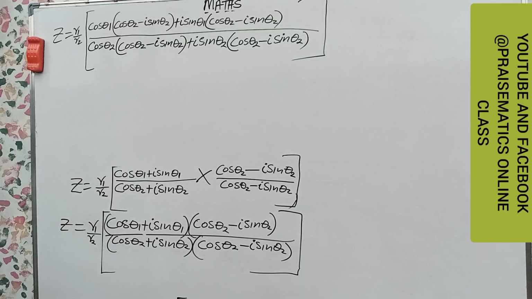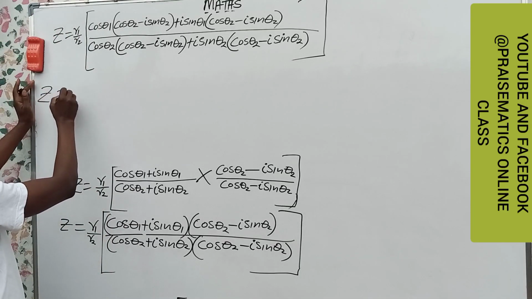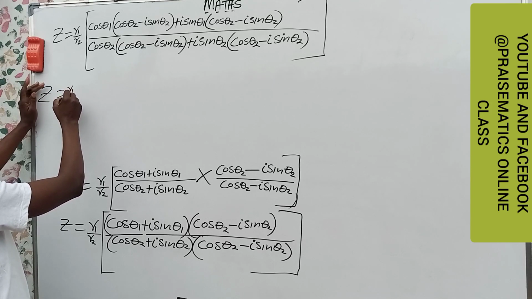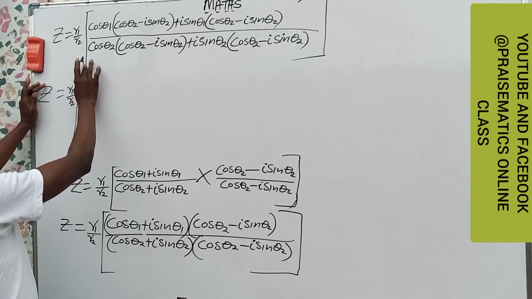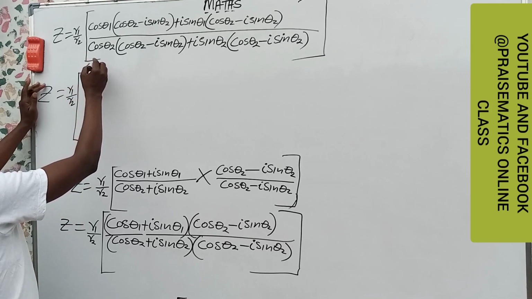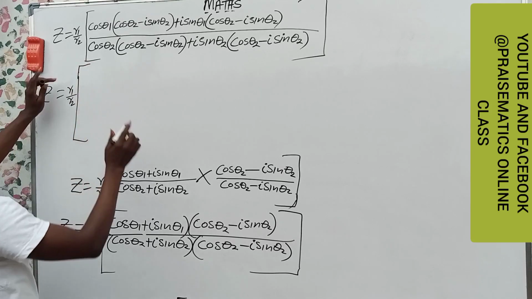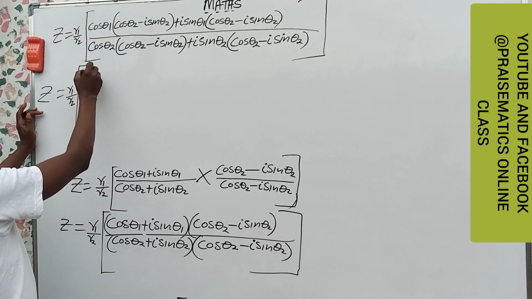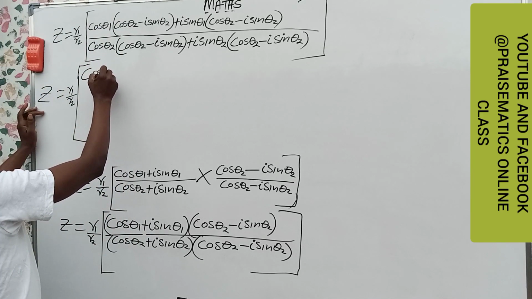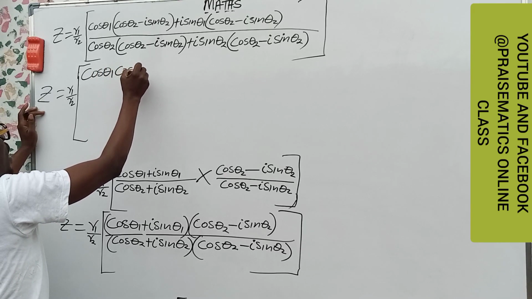Okay, we start. Z is equal to R1 over R2 in a very big bracket. So what do we have? Cos theta 1 times cos theta 2, we are going to have cos theta 1 cos theta 2.